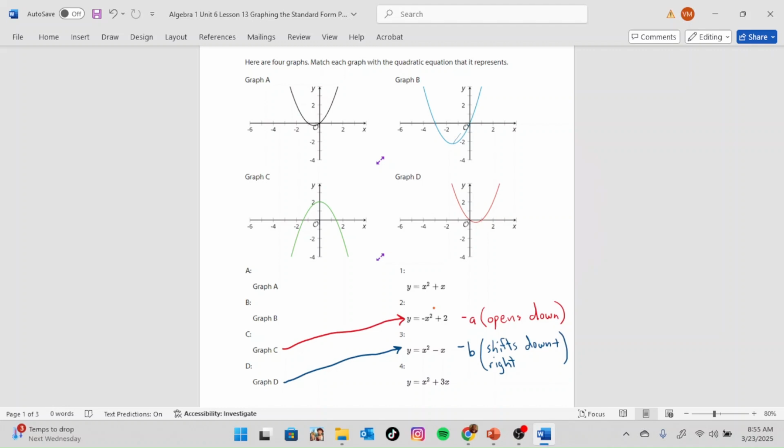Graph B has shifted down and left so that I now have an x-intercept at negative 3.